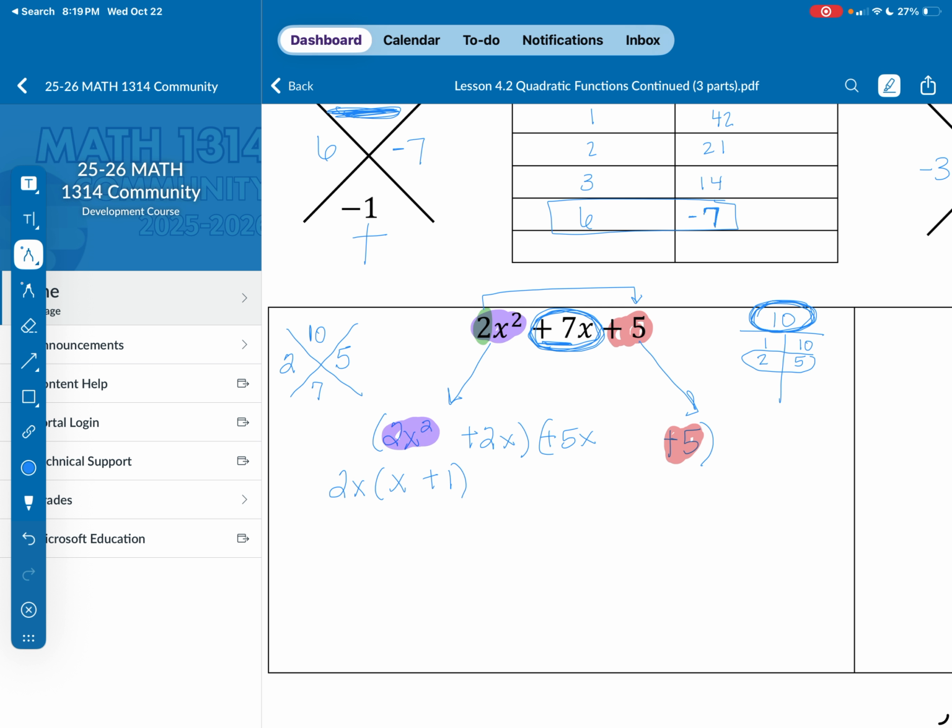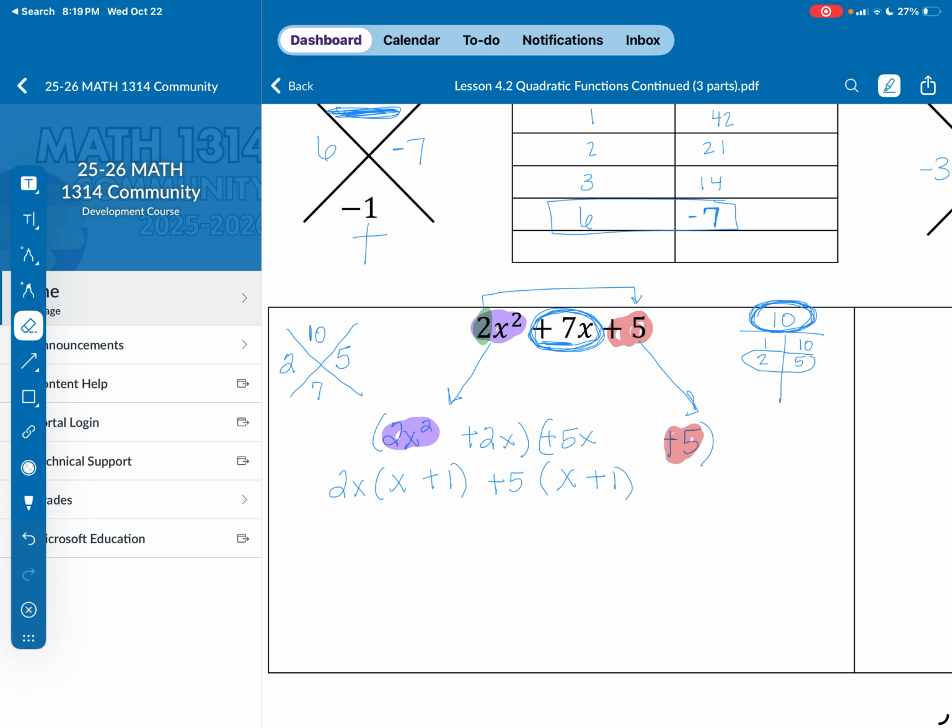Okay? So then I move on over here to my other set of parentheses, excuse me. And I'm going to ask myself, what's in common between 5x and 5? Okay, so 5x and 5, the thing that's in common is a 5. Well, 5x divided by 5 gives me x. And 5 divided by 5 gives me a 1.